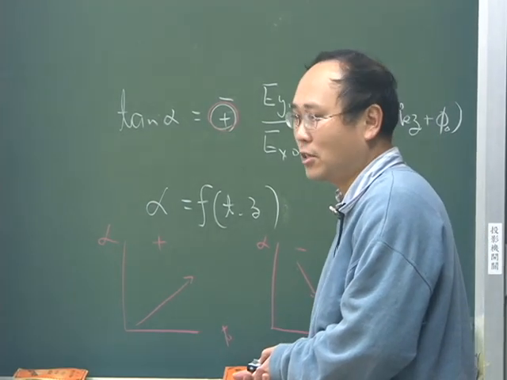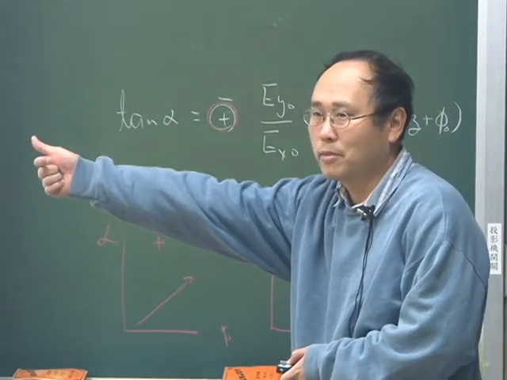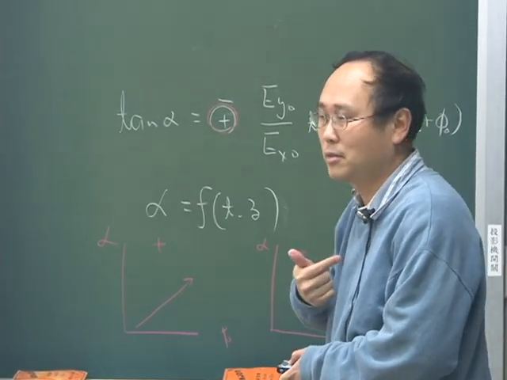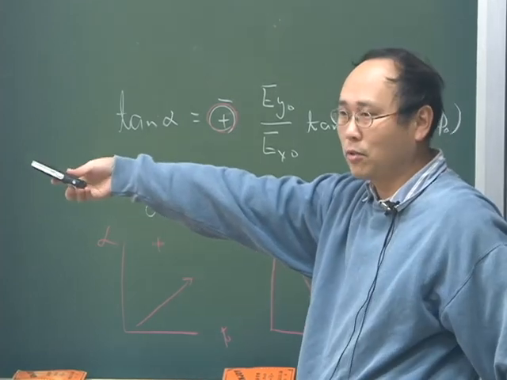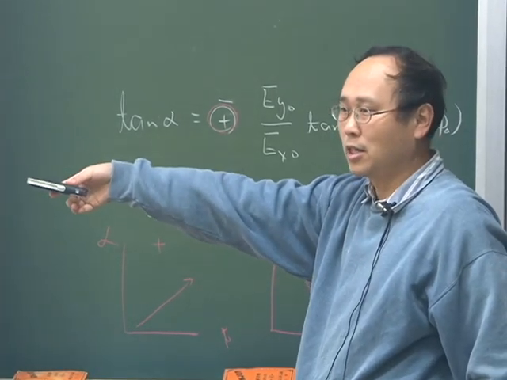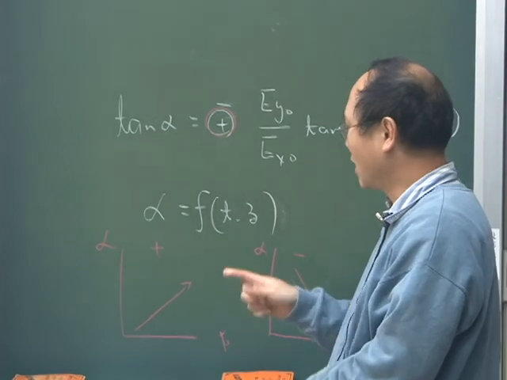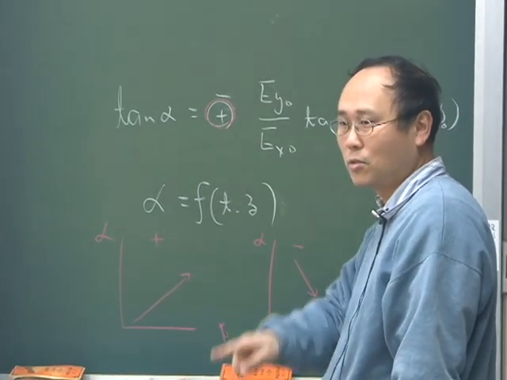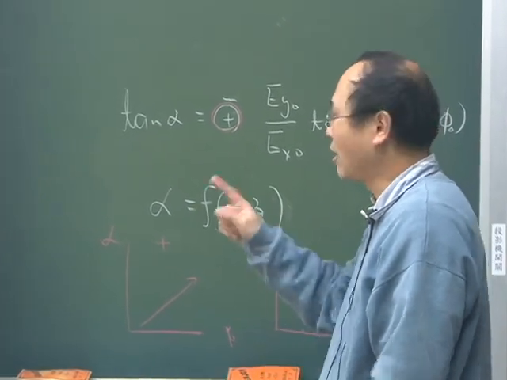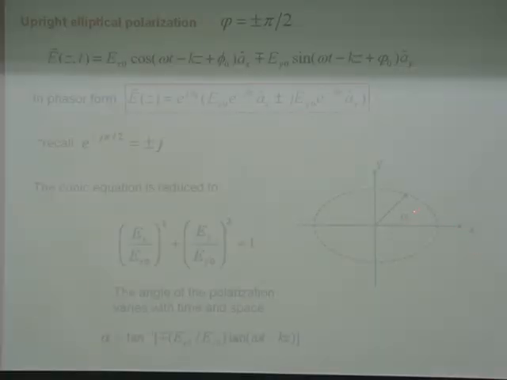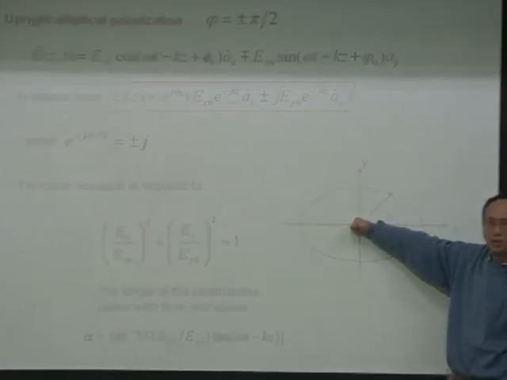Okay, so if you pick up this plus sign, then alpha increases with time. So if you just sit here, and then the wave propagate towards you, 这个波朝着我这地方打过来，我会量到什么？我会量到这个 alpha 呢是往左在旋转，因为 if alpha increases with time, this tip is going to rotate to the left. Okay, 这个 x y 你要注意 when you plot this x y axis, this means that your z axis is along this direction.